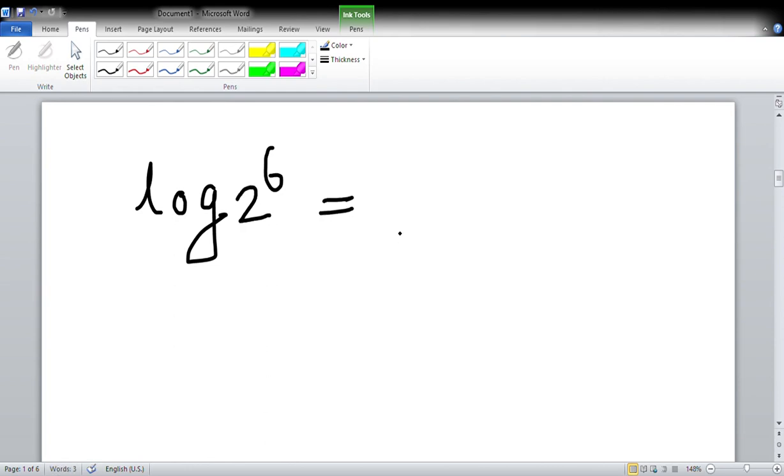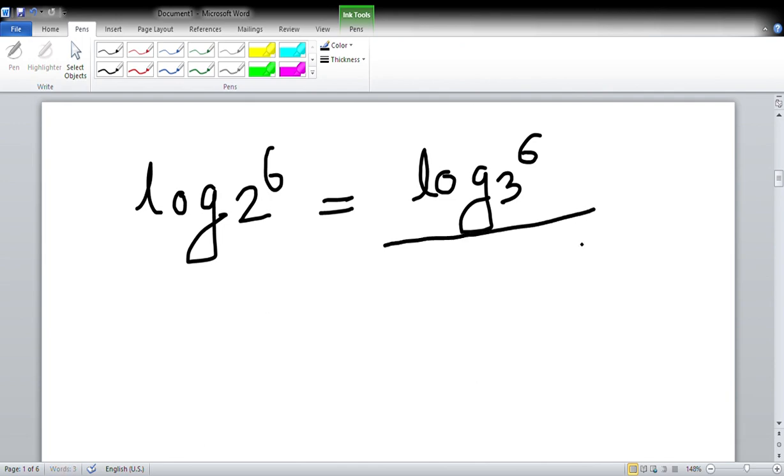Suppose you want to convert this base from 2 to 3. So simply you can write log 6, the number is the same, only the base is changing, log 3, divided by log, again the base will be the same, 3, and this base will be the number.